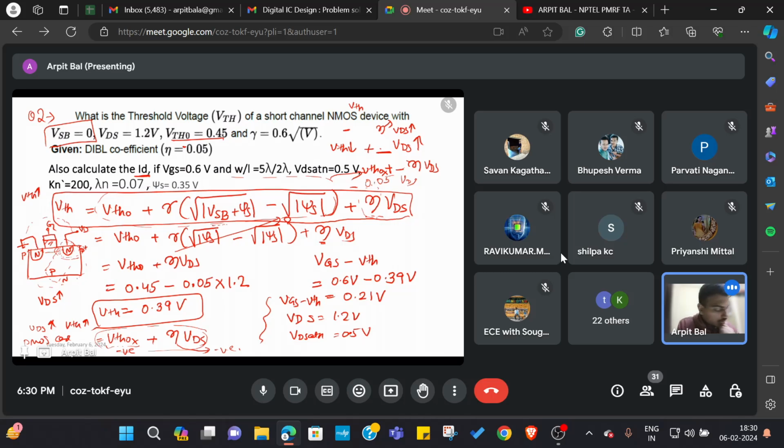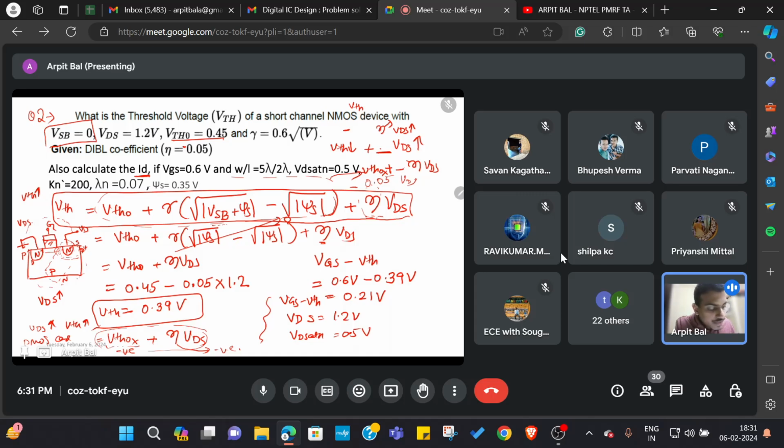Yeah, I think that's a valid point. If the source is changed, then this is the drain and this is the source. Yeah, then also it is fine, right?